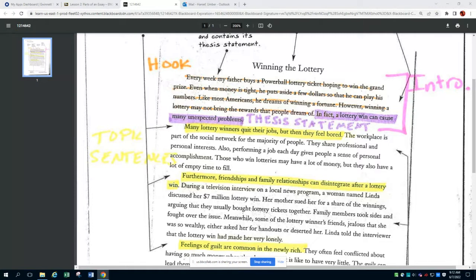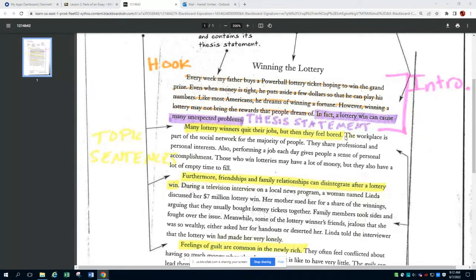You could make up a story. You could use statistics. You could use a question. But it's got to be something that's not what everyone else is going to say, something different. So here he starts by saying, my father. Now, none of us can talk about his father. We don't know his father. So his story automatically is more interesting than everyone else's. The beginning of his is already more interesting.